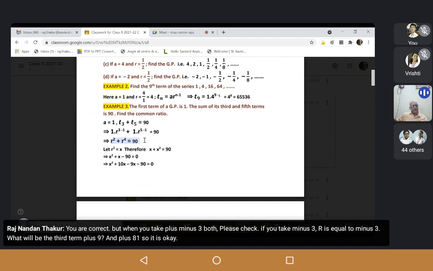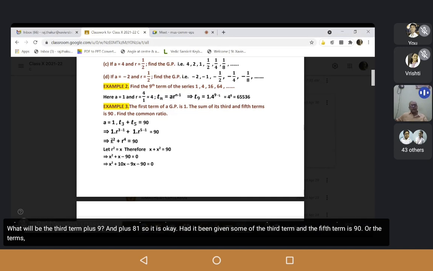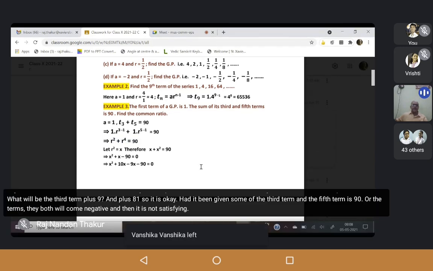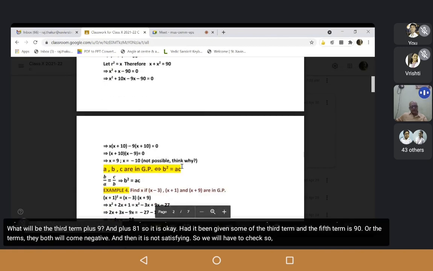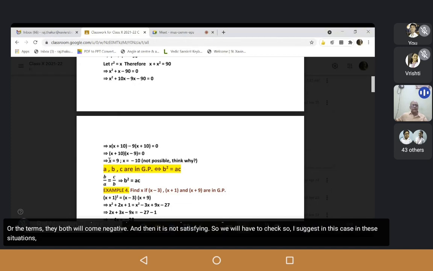Had it been given the sum of the third term and the fifth term as 90 with odd terms, they both would come negative and then it is not satisfying. So we will have to check. So I suggest in these situations, you may write simply R is equal to 3 and just ignore the negative value. No problem.